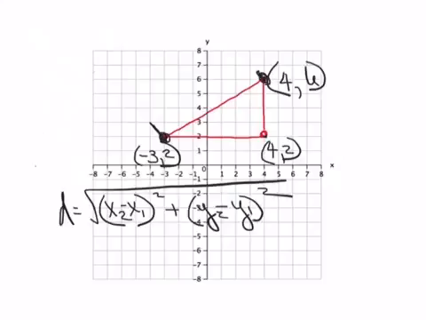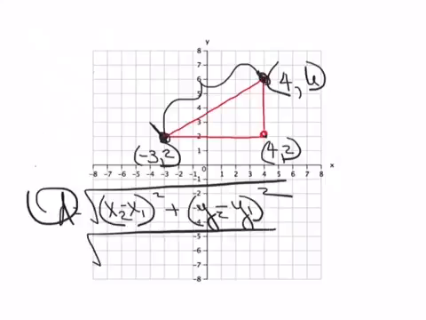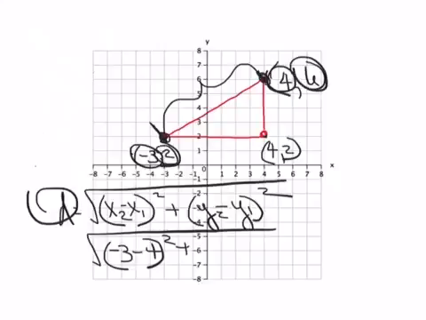Okay? So if I want this distance right here, that's what this d represents, I am going to take the square root of my x's, this one and this one, -3 minus 4, or I could have written it as 4 minus negative 3, doesn't really matter, plus, then my y's are 2 and 6.